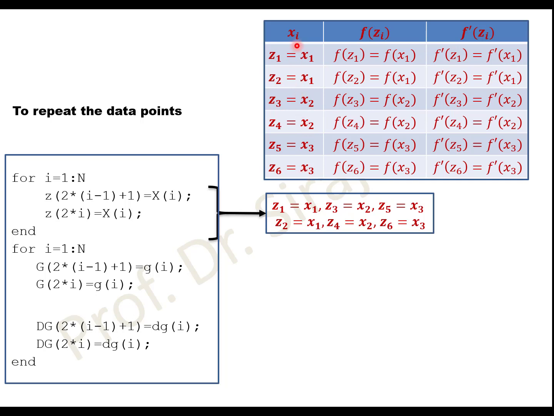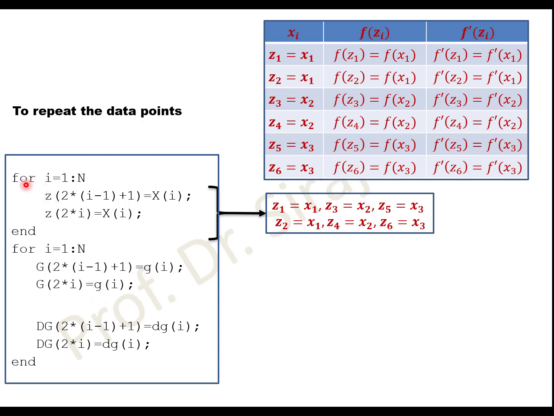So I wrote every data point twice and then assigned a new variable to that. These two lines will be doing this job for you. So this is the loop which gives you this information. Now let's come to the next loop.